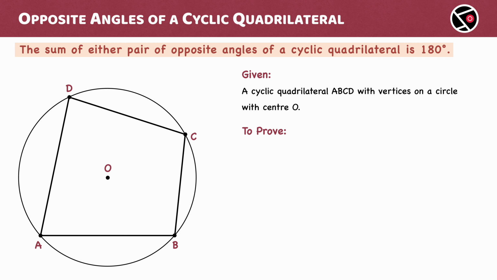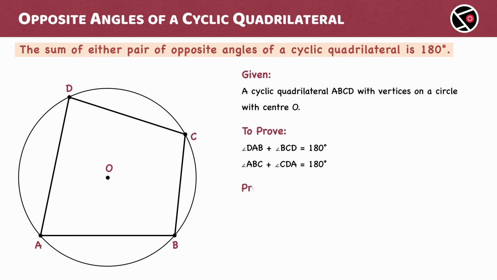That is, angle DAB plus angle BCD equals 180 degrees, and angle ABC plus angle CDA equals 180 degrees.